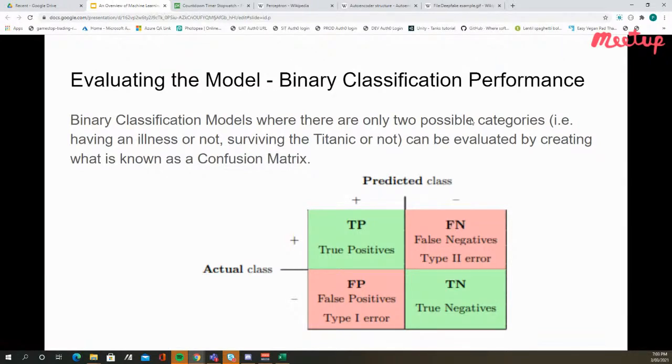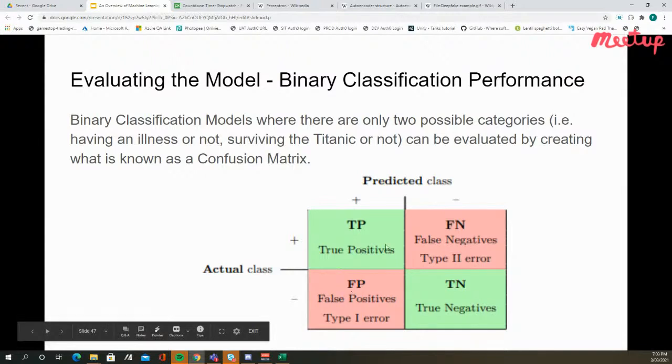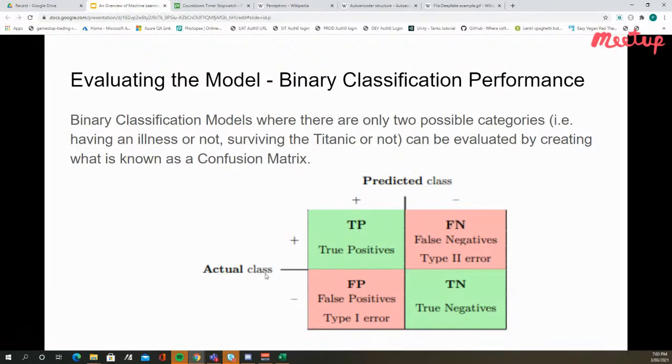And because they classify into only two possible outcomes, though you can also do it for multiple categories, but this particular example is just two, you can create a matrix of true positives, true negatives, false negatives, and false positives with your predictor results and your actual output data. And this is known as a confusion matrix.